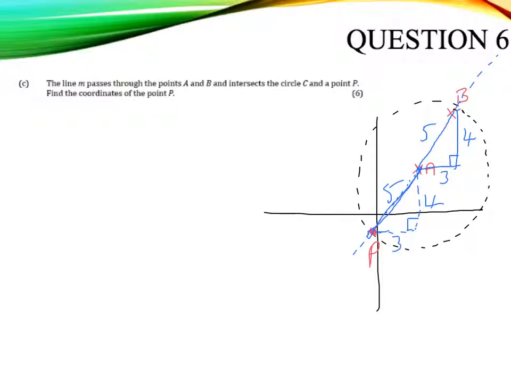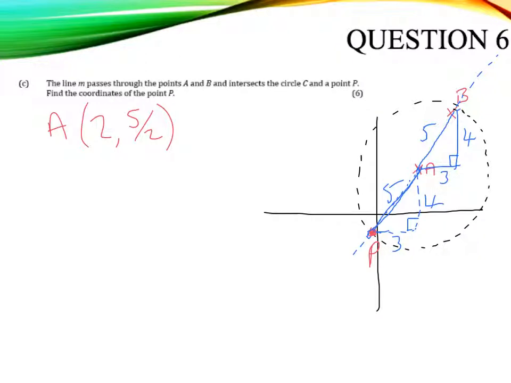So if we know that the point A had the coordinates 2, 5 over 2, then at the point P down here, the x coordinate is 3 less than what it was at A. We can see that from our little picture.